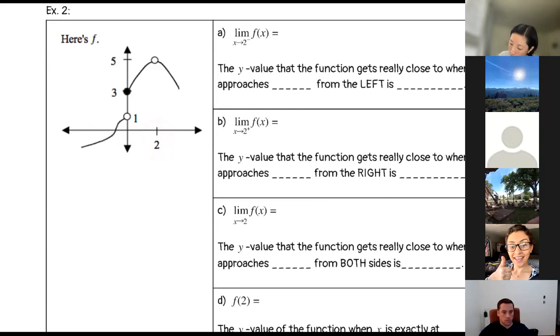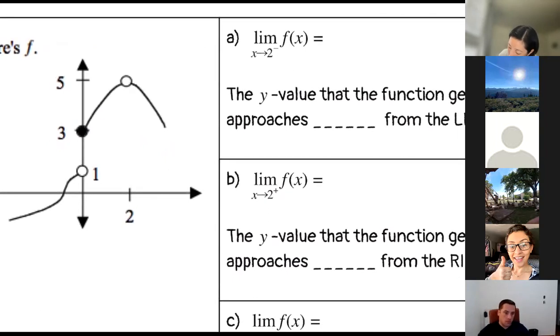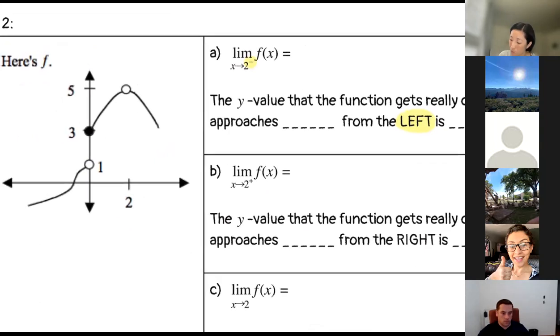Let's take a look at part A. We know that this little minus sign means the limit as x approaches 2 from the left is what? According to this graph, what y value are we getting close to when we get close to an x value of 2? Perfect, Kristen. Nice, Alberto. We've got a 5.